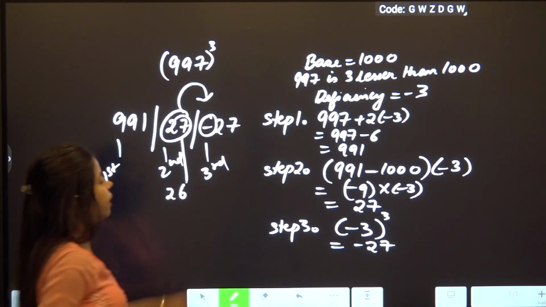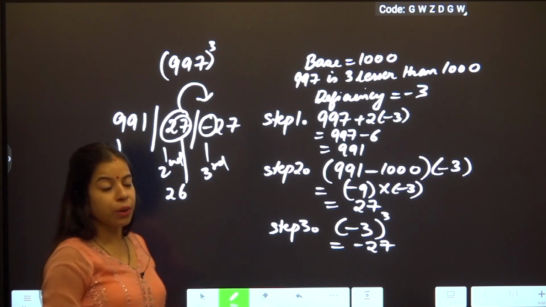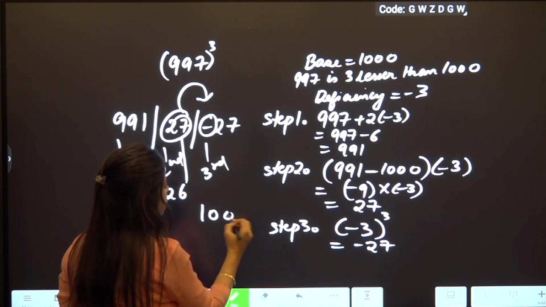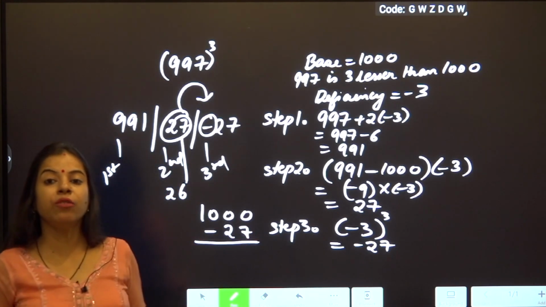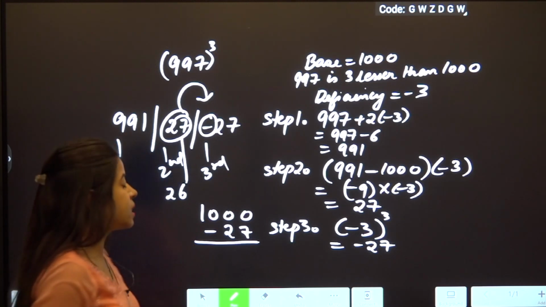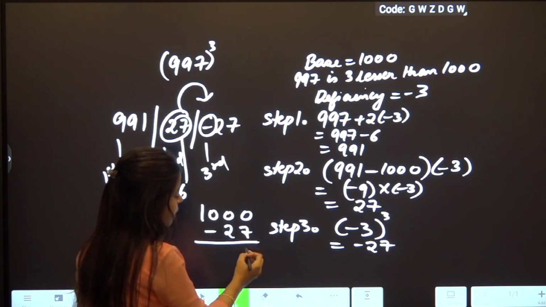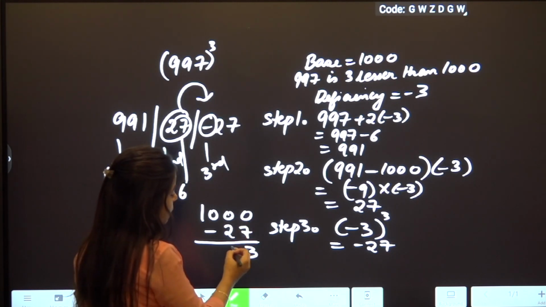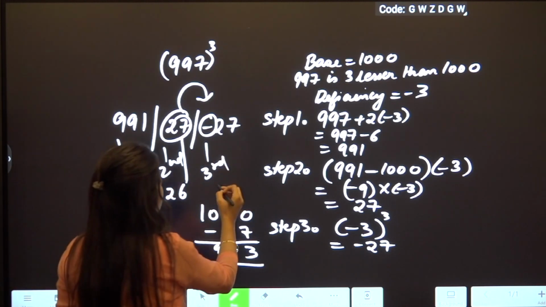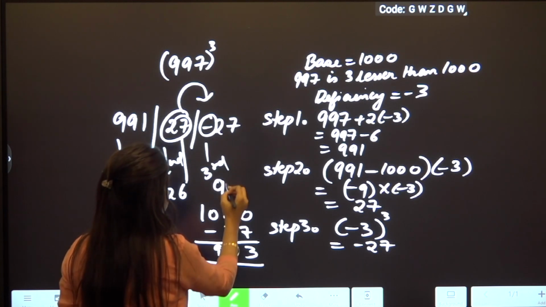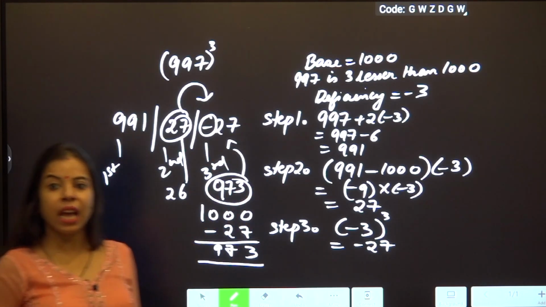So, this will become 26, and here the base is 1000. So, we are going to subtract 27 from 1000. Now, while performing subtraction, we can follow the Nikhilam Sutra, which states that all from 9 and last from 10. So, this will be 10 minus 7, 3, 9 minus 2, 7, and this is 9. So, this will become 973. Now, here the base is 1000.